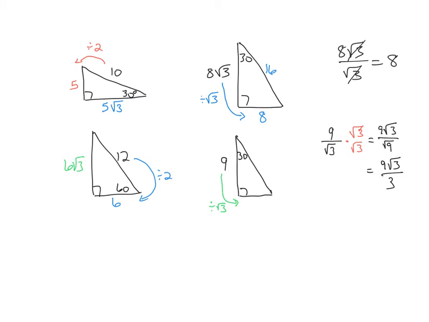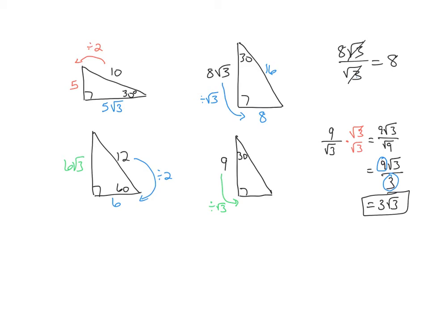I could on the top up here because they both were square root of 3. But when one is and one isn't, can't do it. But I can reduce the 9 and the 3 because those are both not square roots. They're just regular numbers. So that's just 9 divided by 3, and I end up with 3 square root of 3.